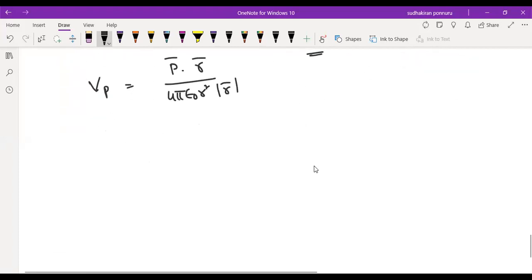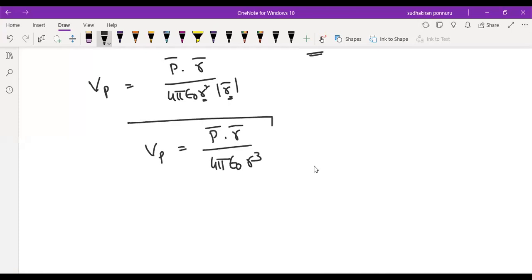See here, this is the magnitude and this is also a magnitude, so finally we can multiply them directly. So Vp is equal to P bar dot R bar whole divided by 4 pi epsilon naught R cube, which is the final expression.